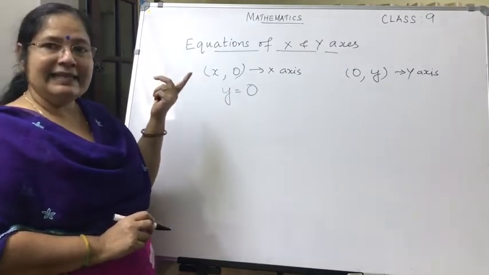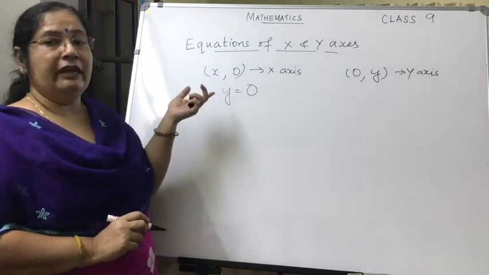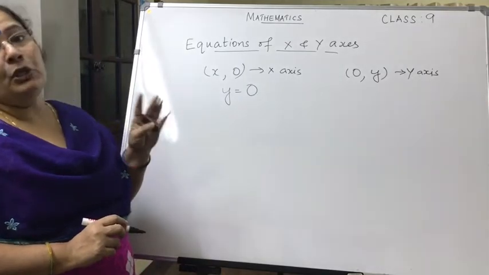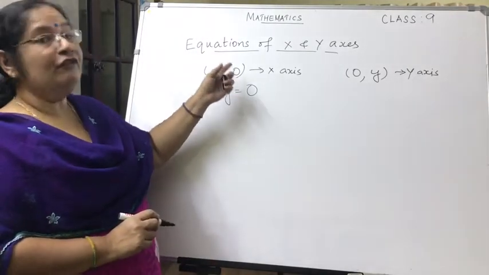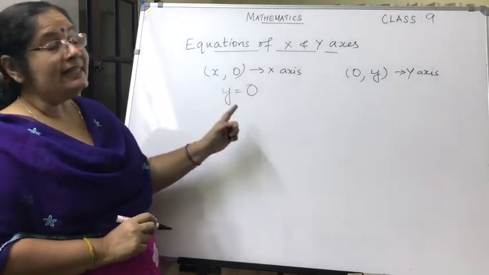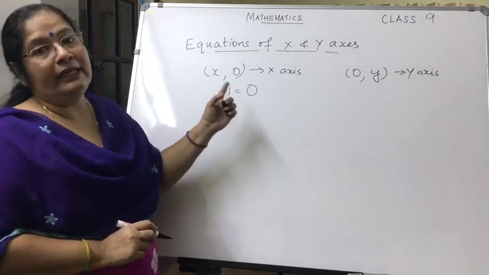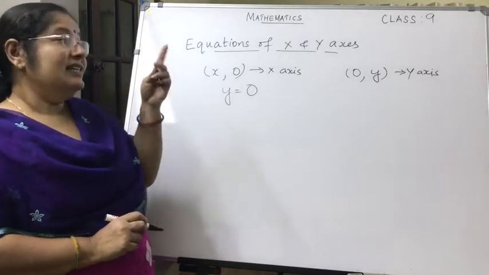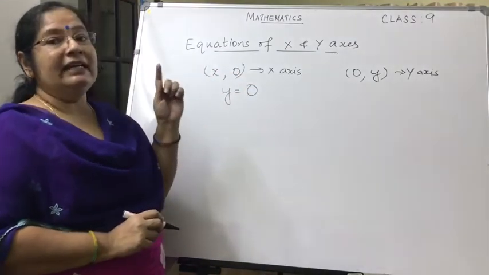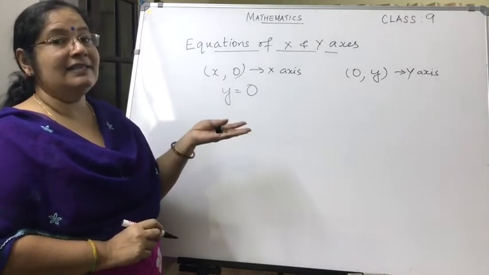Because x can have any value, can we write it as x equals 1, x equals 5, etc. as the equations? No. So the equation for x-axis is given as y equal to 0. Same way, going for y-axis, what would be the equation for y-axis?